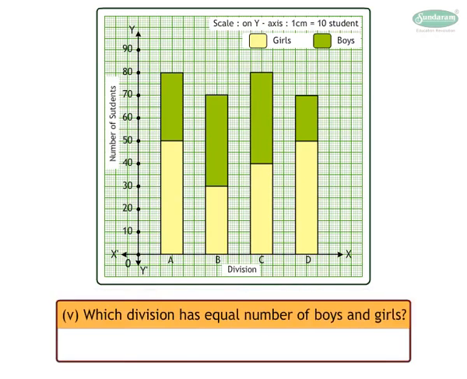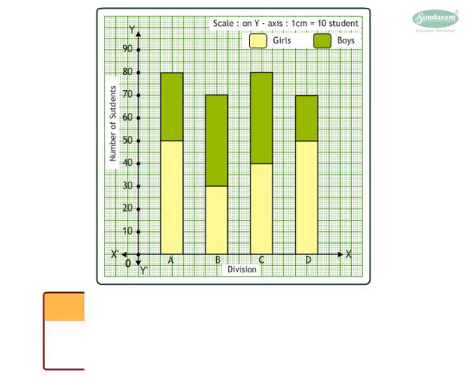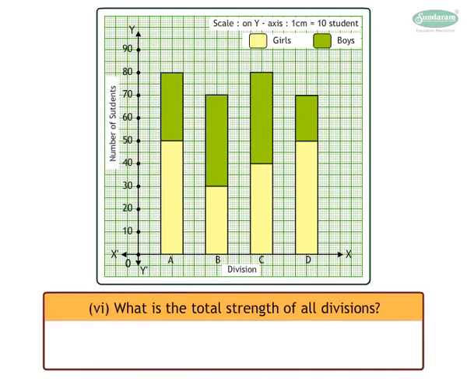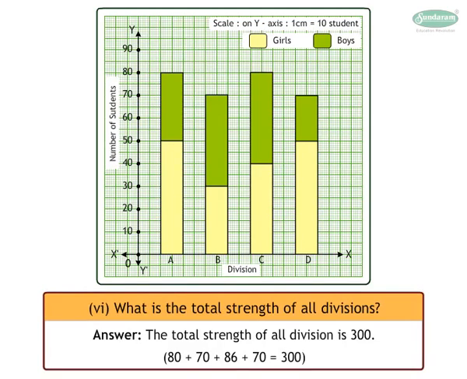Which division has an equal number of boys and girls? Answer: division C has an equal number of boys and girls. 6. What is the total strength of all divisions? Answer: the total strength of all divisions is 300. 80 plus 70 plus 80 plus 70 is equal to 300.